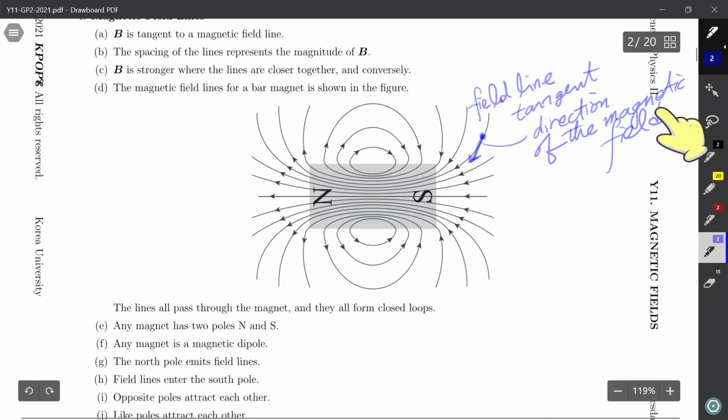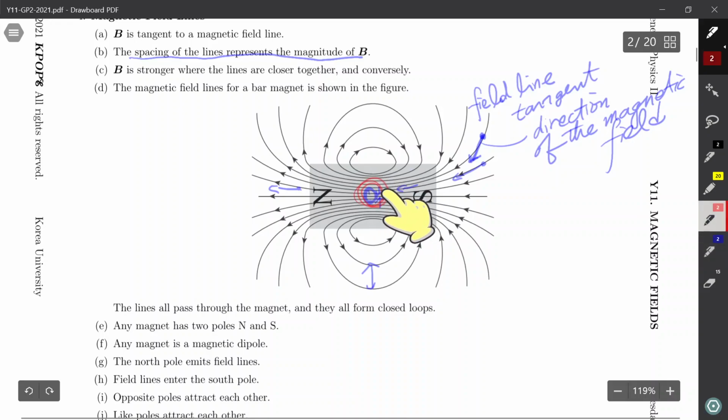So the magnetic field direction is this tangent. The spacing of lines represents the magnitude of B. Narrow spacing means strong, bigger spacing means smaller.